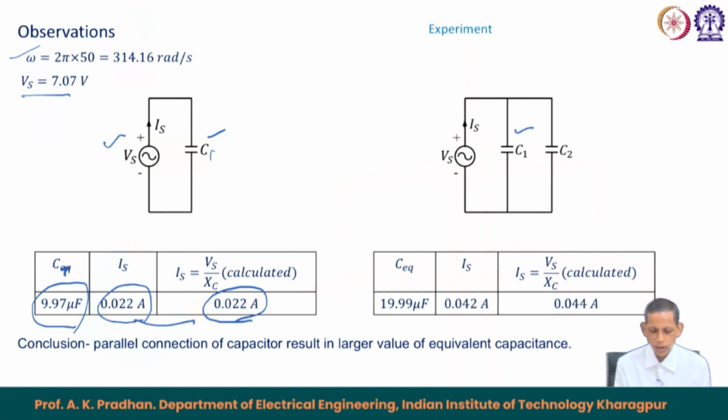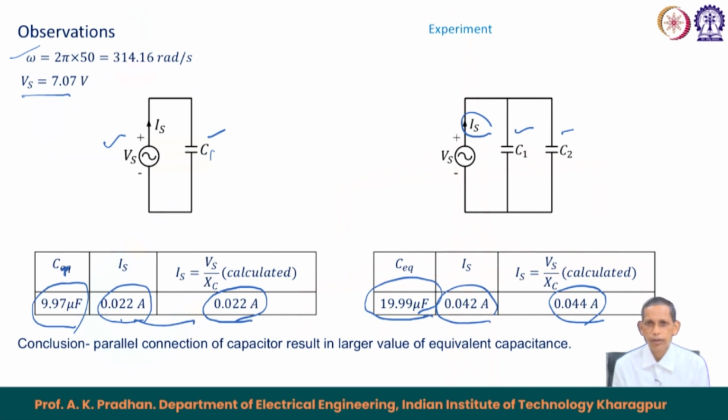Now, connecting the capacitors in parallel, the current increases from 0.022 to 0.042 ampere. The C equivalent we got from the multimeter is 19.99 microfarad, and using that, the calculated current comes to be 0.044 ampere.